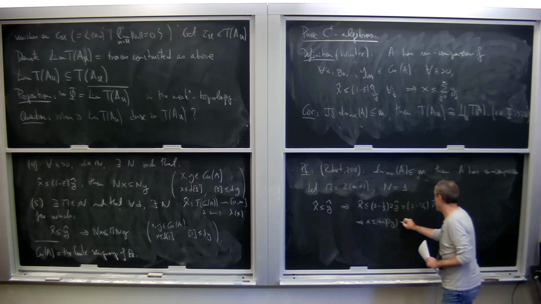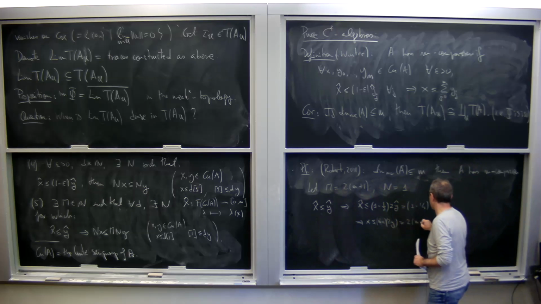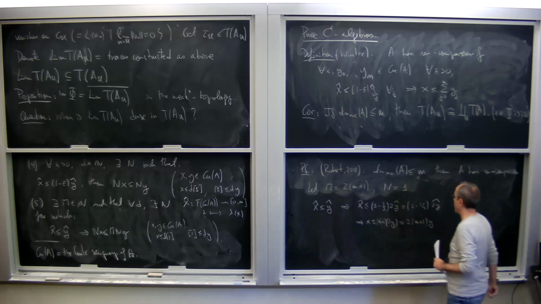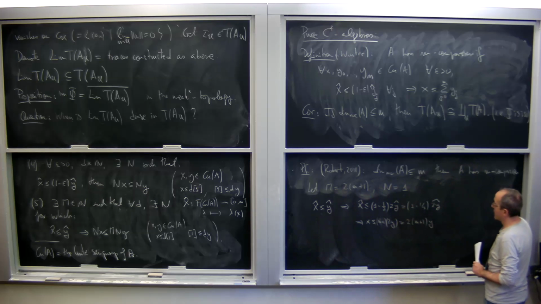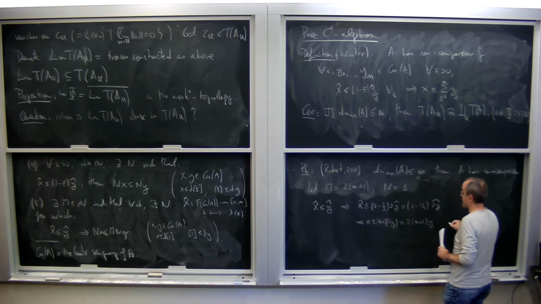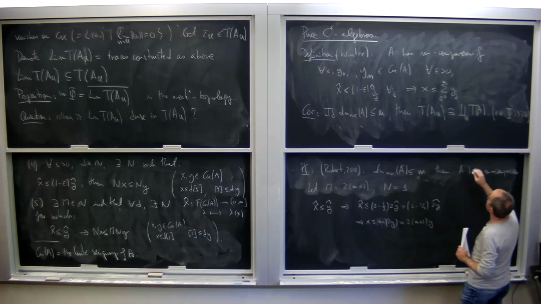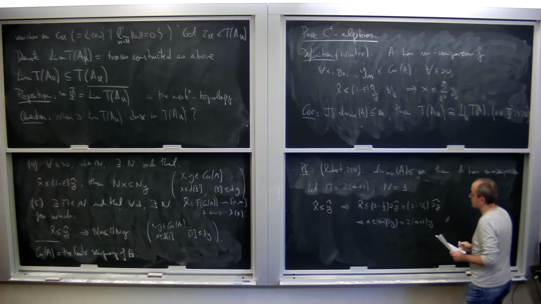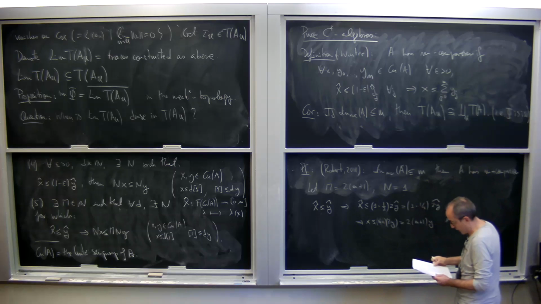So this is 2 M plus 1 Y. That would show that if one has this, then we have the isomorphism here.